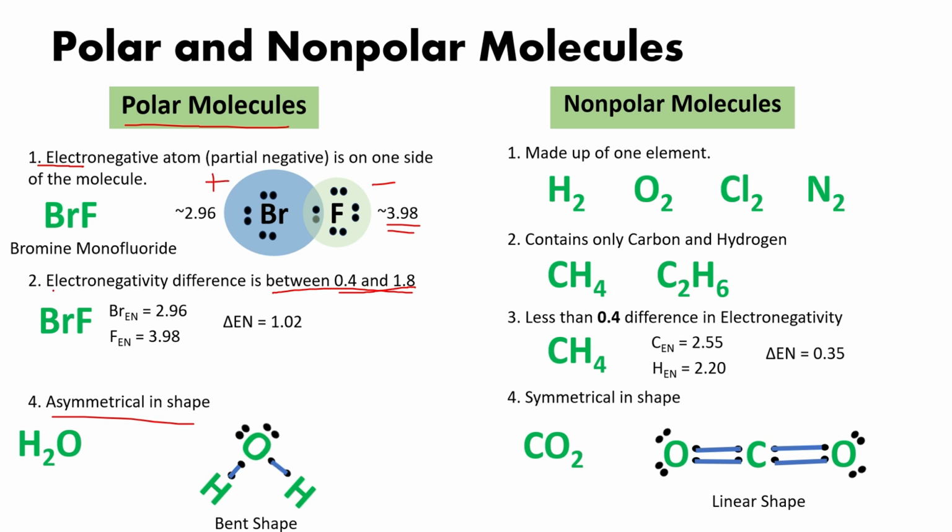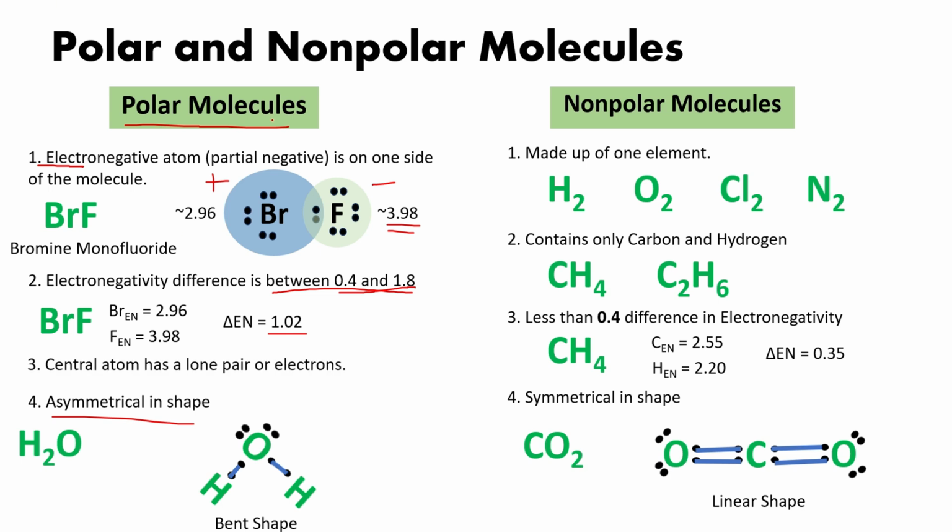And aside from that, the electronegativity difference is between 0.4 and 1.8, and we got 1.02 after we subtract the electronegativities of the two elements. Then this is a polar molecule.